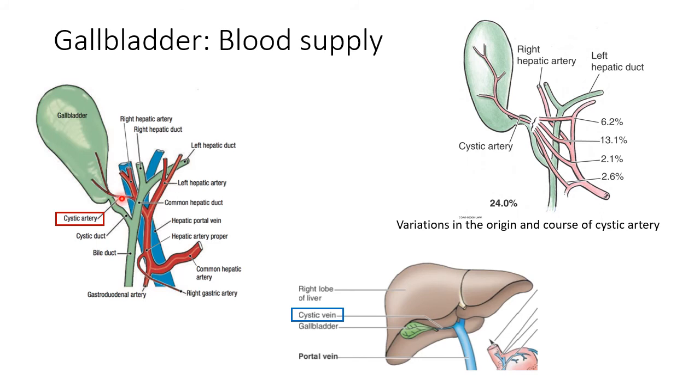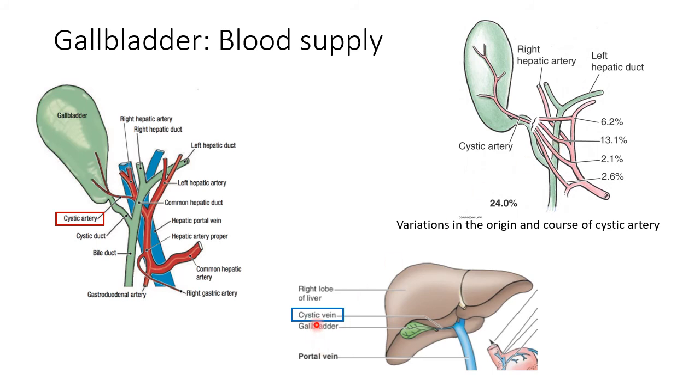Now the cystic artery usually comes from the right hepatic artery, but there is some variation. Sometimes it comes from the common hepatic, sometimes it comes from the gastroduodenal. So the surgeons, when they are doing an operation in this area and want to ligate the ducts, should be careful and be aware of these variations in order to avoid ligating the wrong structure.